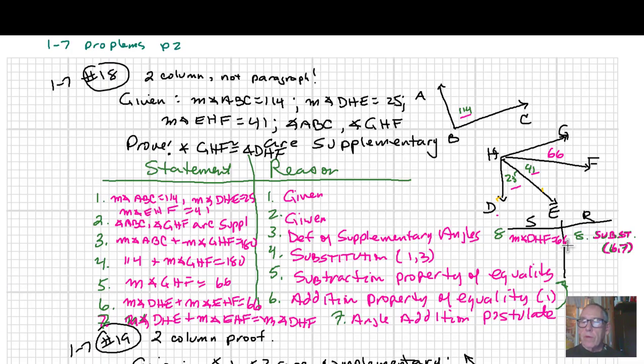And now we've got that DHF is 66, and we also have that GHF is 66, so we can say that they are congruent to each other by definition of congruence. So for step 9, we've got angle GHF is congruent to angle EHF.